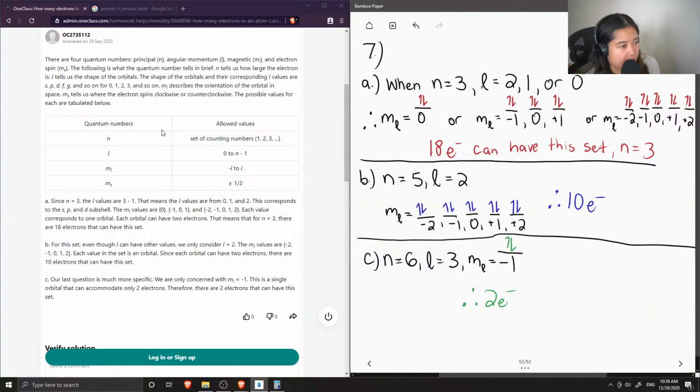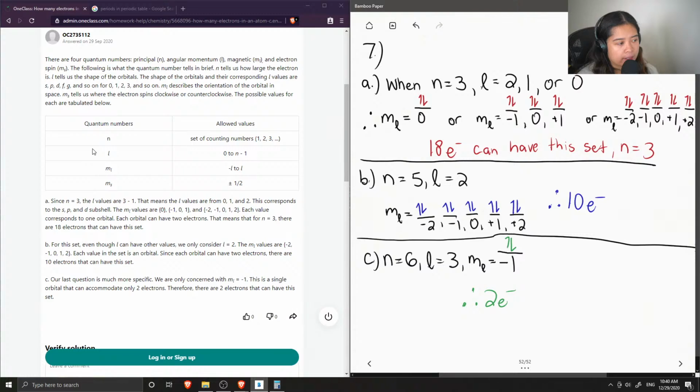And then L can range from 0 to n minus 1. Our ML value ranges from -L to +L. And then finally, for the electron spin, it can either spin clockwise or counterclockwise, and we denote it as either positive or negative half.